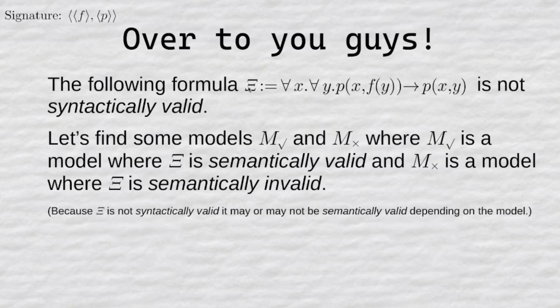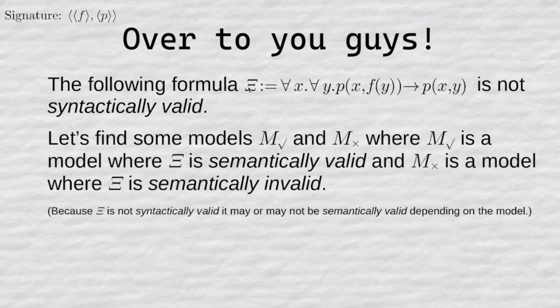So I'm going to turn it over to you guys. I have got a formula xi, which is what that Greek letter is, where for all x, for all y, if P of x and f of y then P of x, y. And this isn't a syntactically valid formula. We can't prove it.